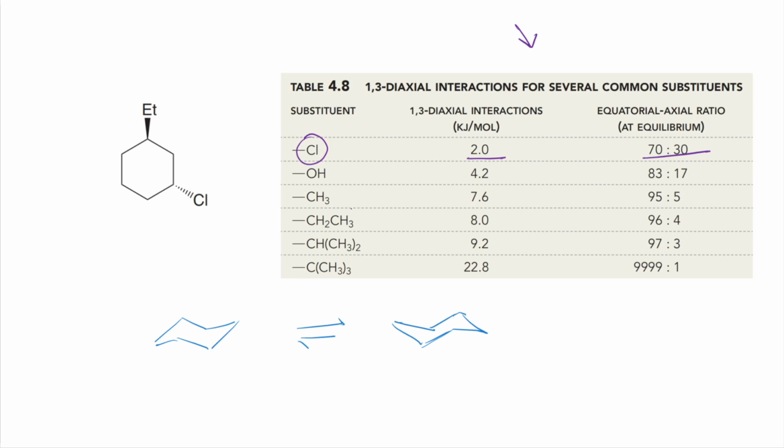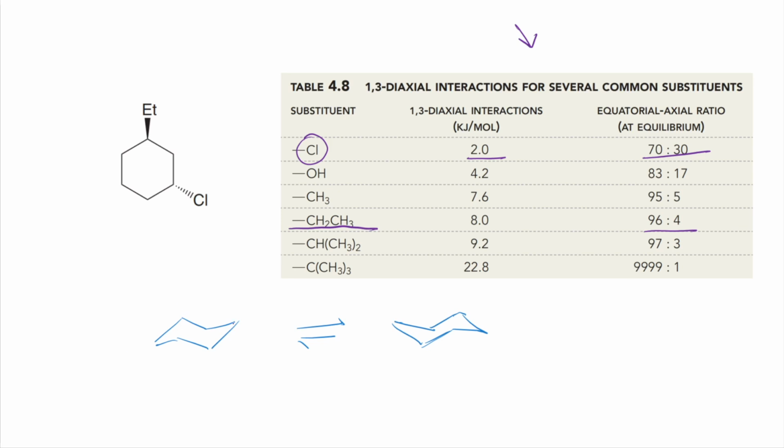And we can see the acyl group is here. It is a 96 to 4. So actually, in this case, the acyl group is bigger than the chlorine. So we want to put the acyl group on the equatorial bond, not the A bond.